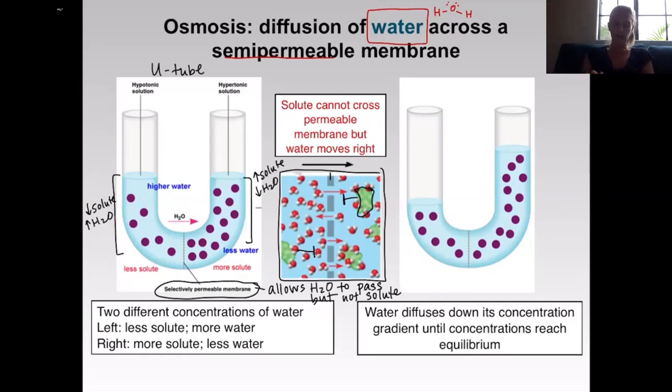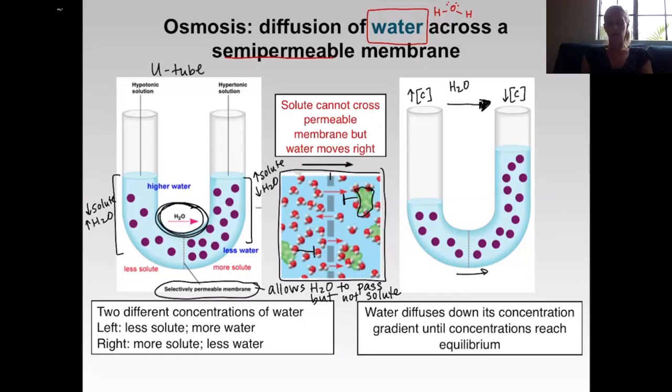So what we're going to see is that water is going to move down its concentration gradient, right? So water moves from an area of high concentration on the left to a lower concentration on the right. And what that does is that causes the water levels to go up on the right side, right?